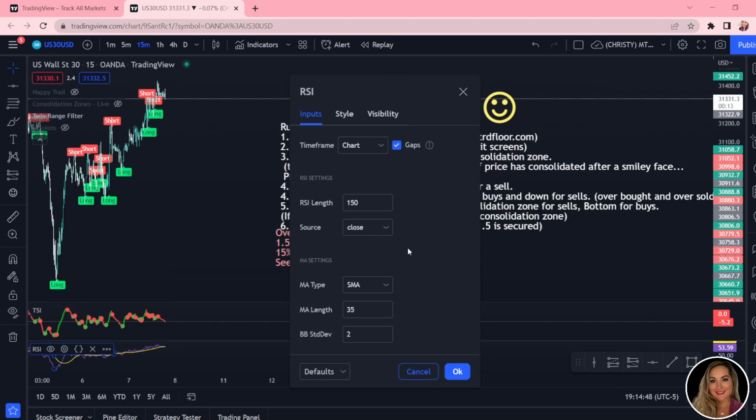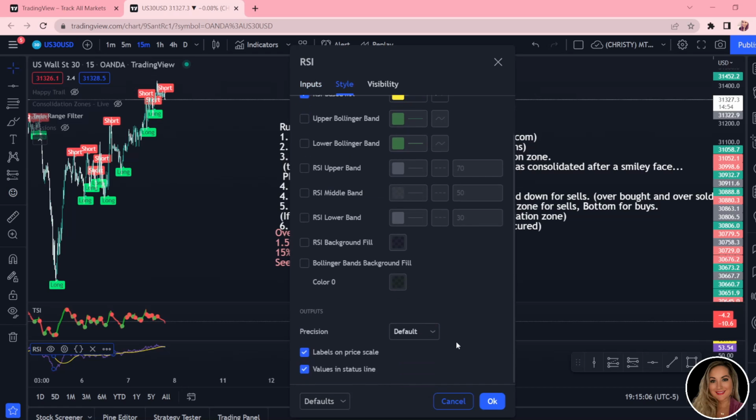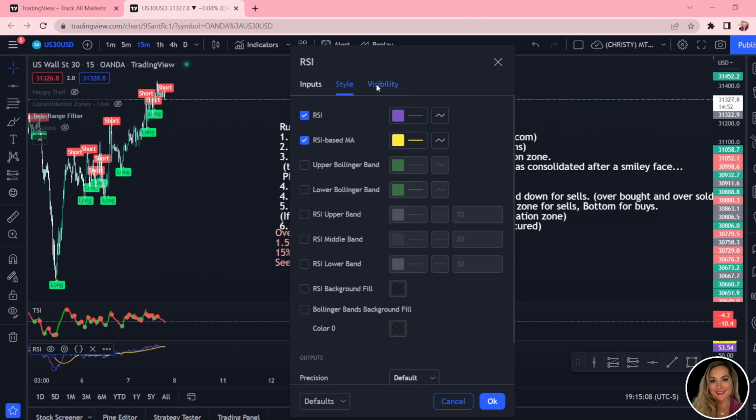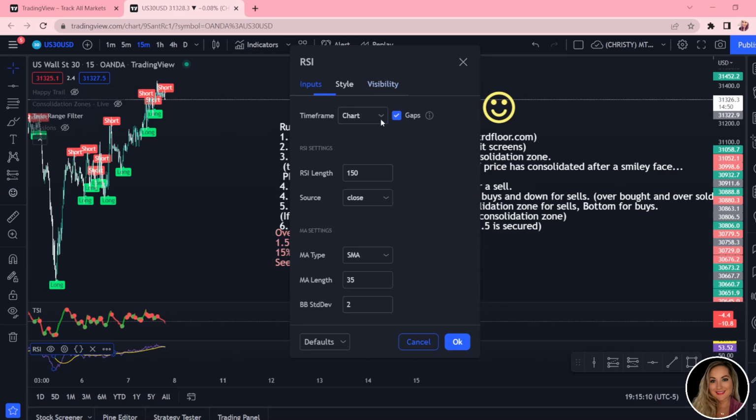As far as the actual settings go, this is what your RSI settings will look like. You'll have an RSI length of 150, source is close, your moving average is going to be an SMA, the length is 35, and then the standard deviation will be 2. That is all you need to have. You can pick whatever colors you want. Nothing else really needs to be on there, and that's all of the settings there.